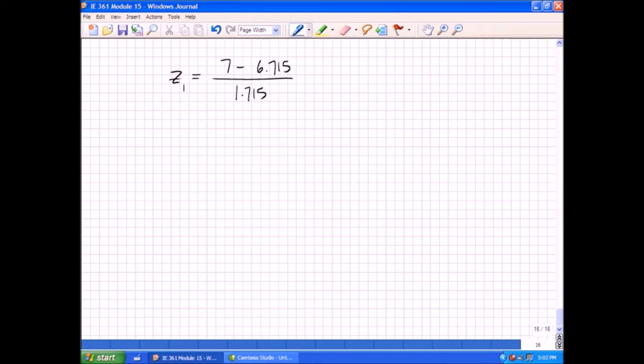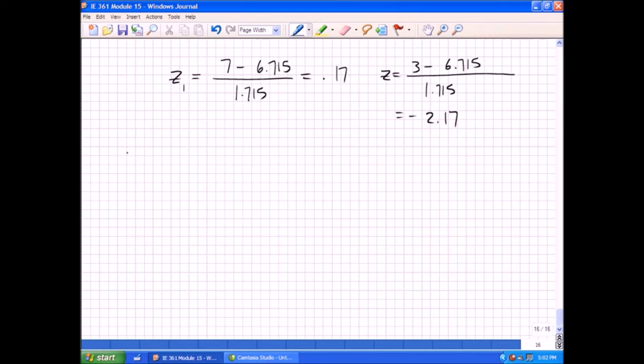And that z value turns out to be about 0.17, and I'll need a z value for the lower specification, so I'll need 3 minus 6.715 over 1.715, and that is about minus 2.17.